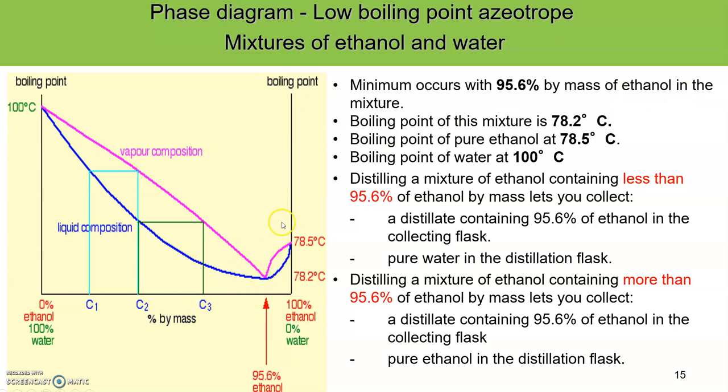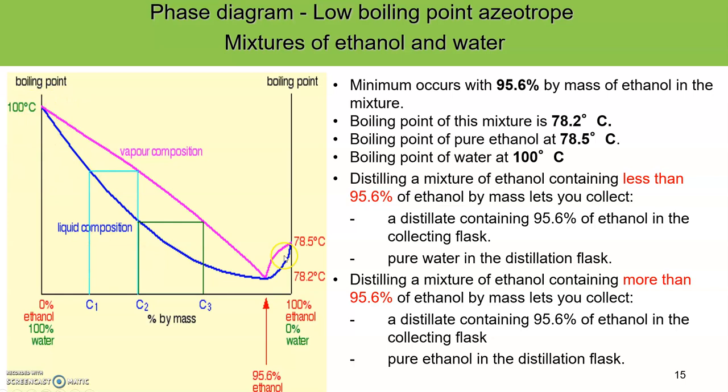So from the phase diagram, we can state that the boiling point of this mixture is 78.2 here, and then the boiling point of pure ethanol is 78.5 degrees centigrade, while the boiling point of water is 100 degrees centigrade.